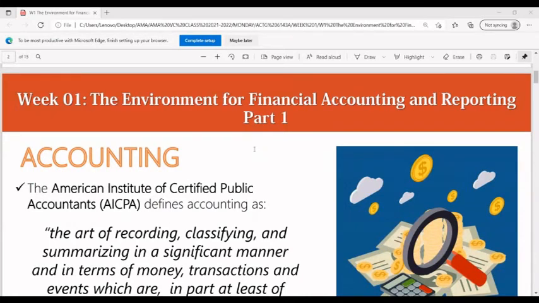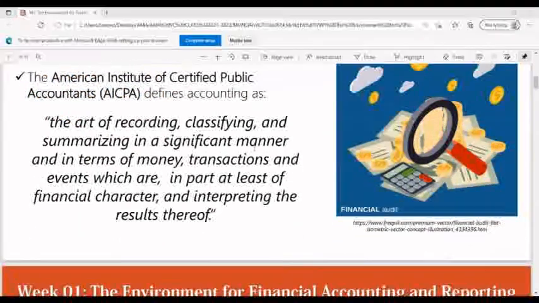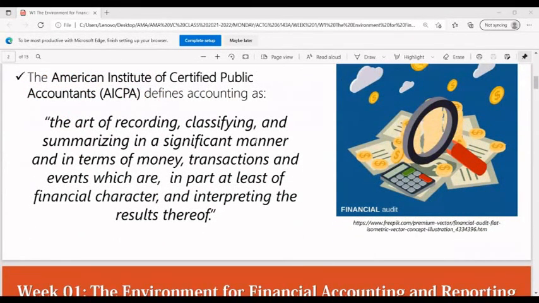So on that certain transaction, there is already a process, because first you have to analyze what the transaction will be, and there will be a recording later and classifying. Then we will summarize all the transactions that are needed, or all the transactions that are already done in the business operation that we are having.